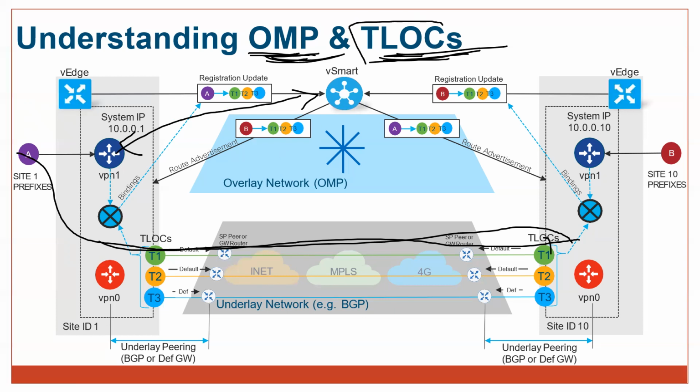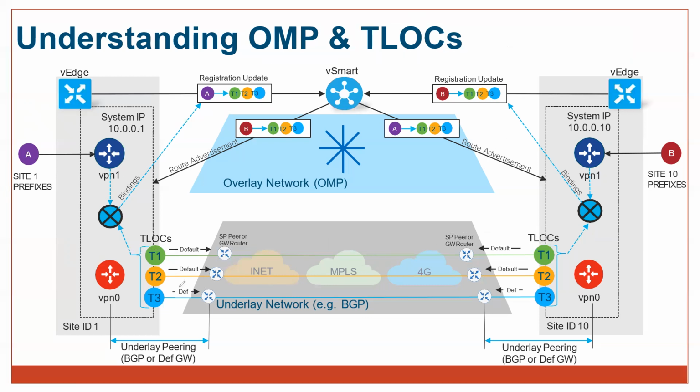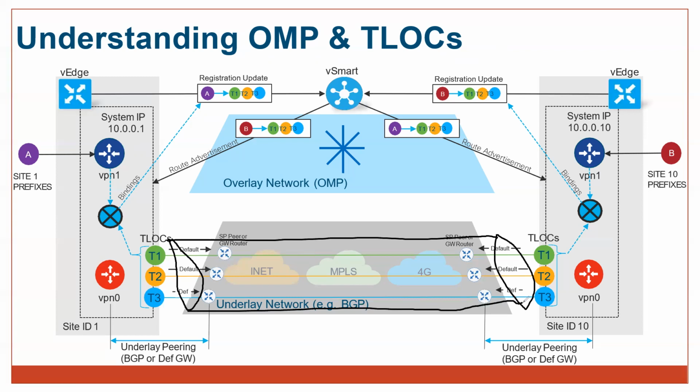So this IPsec tunnel connection will not happen directly, right? Because side A again will contact the vSmart to fetch the information to reach side B. Once it gets the information, it will form the tunnel with the help of TLOC, right? Yes, because TLOC is nothing but the next hop.